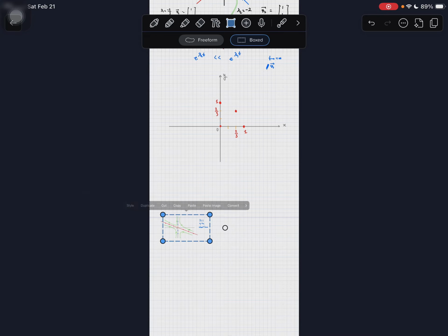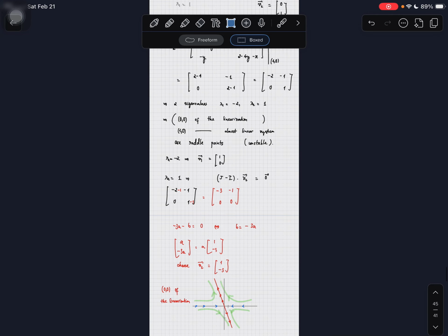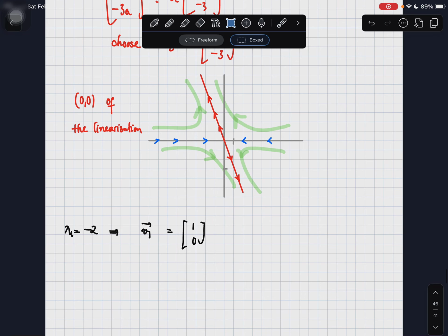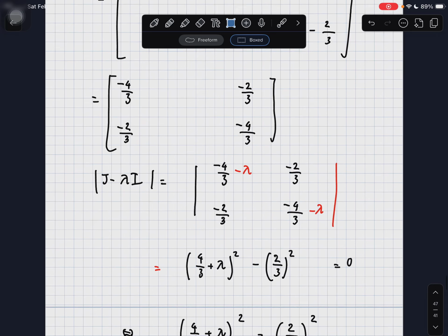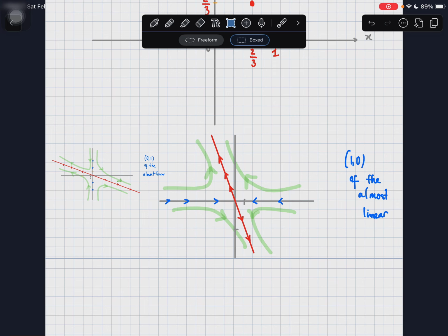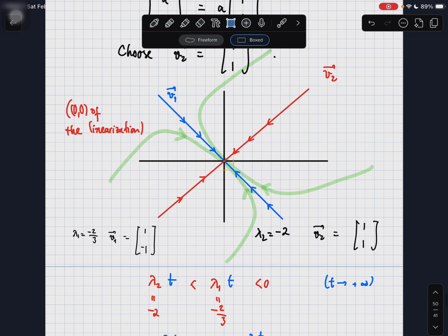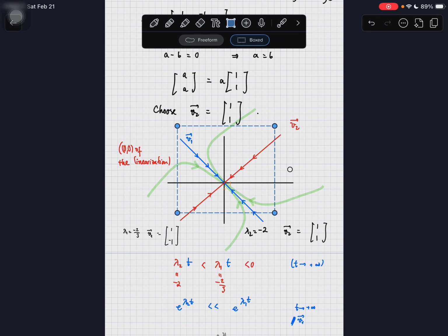Zero, one looks like this. Here we have 1, 0 of the almost linear system. They look like this. And the last one is this one. You get the sink.